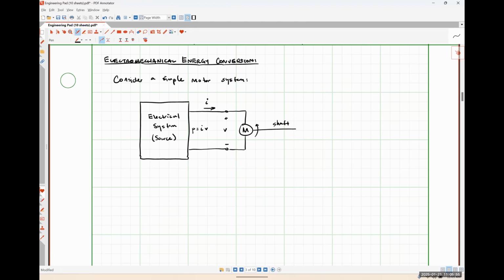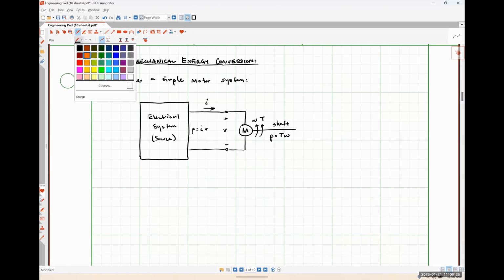My shaft is turning in this direction. So it's going to be spinning at some angular velocity omega, and it is going to be producing some amount of torque, capital T, so that the output power of my motor, P, is going to be simply my torque times omega.